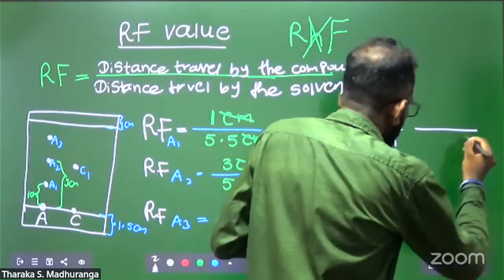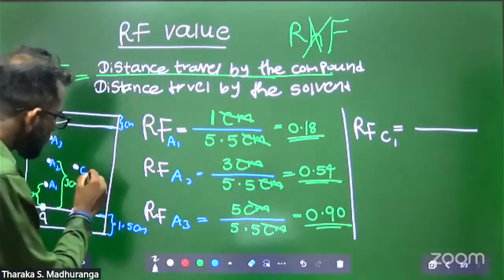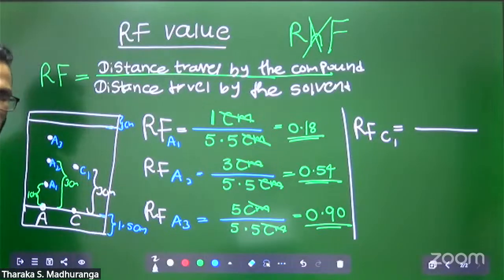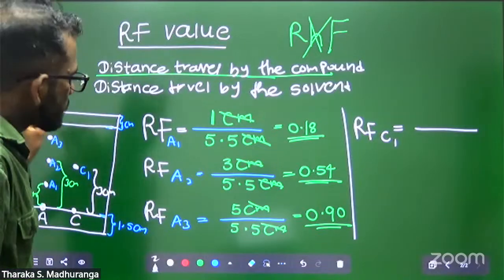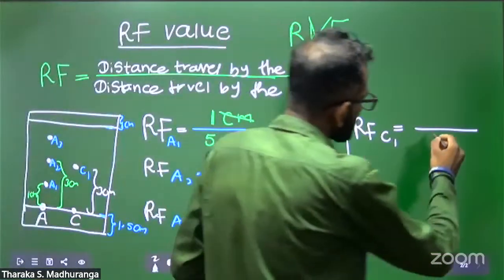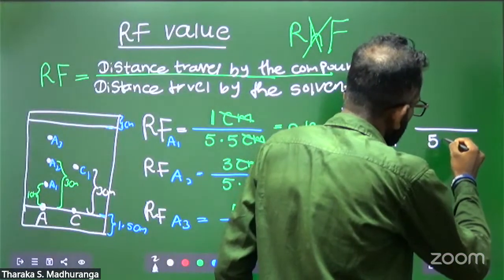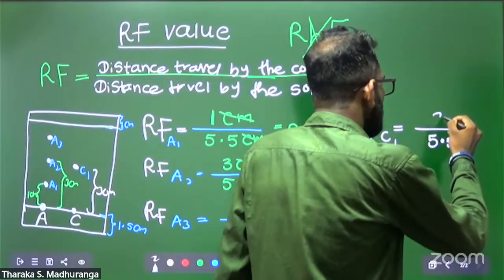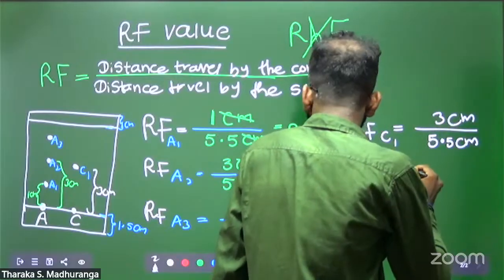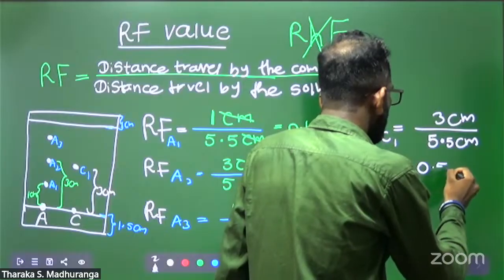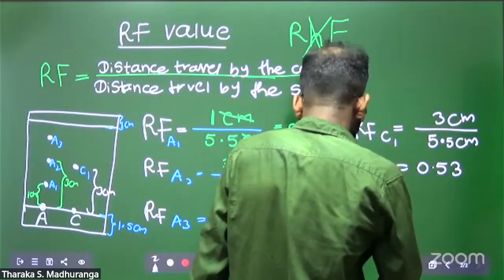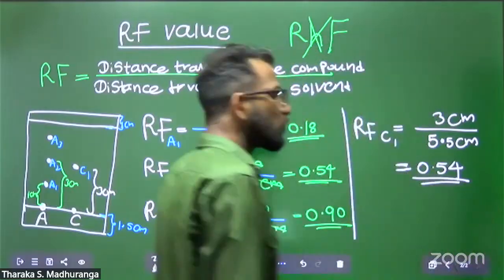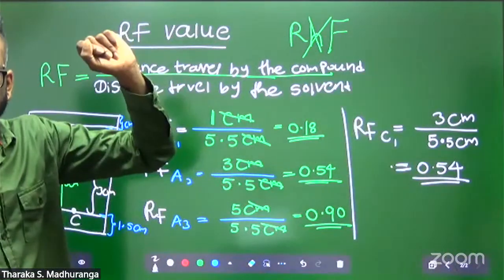Think this distance is 3 centimeter, and the solvent distance is the same, 5.5 centimeter. The 3 centimeter, the value is coming 0.54. This is the control sample RF.